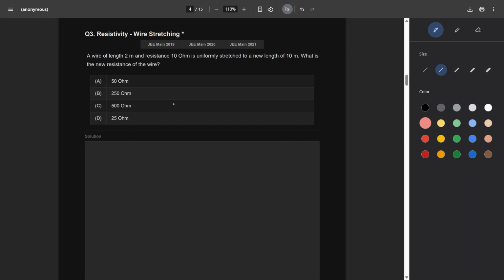Wire stretching. So what we have here as rho L upon A. If we increase the length from 2 to 10, right? We have 2-meter wire with 10 ohm. It is stretched uniformly though. So we have stretched it 5 times.